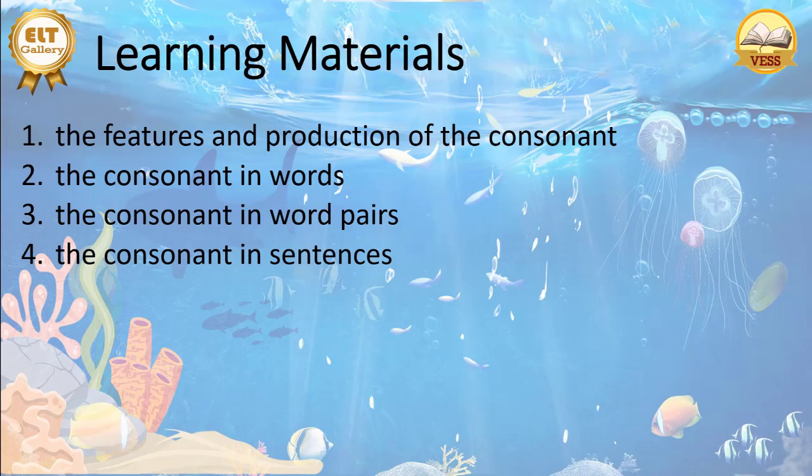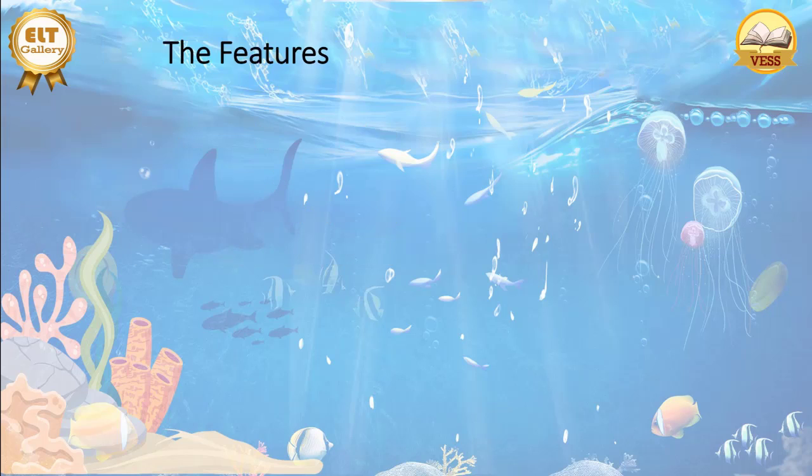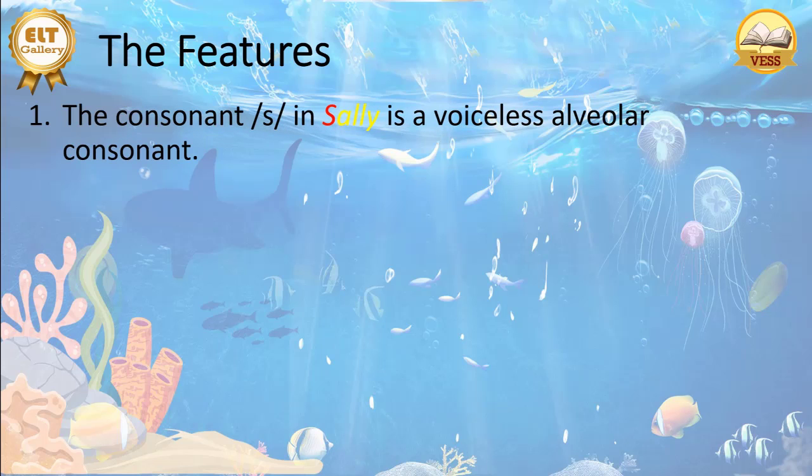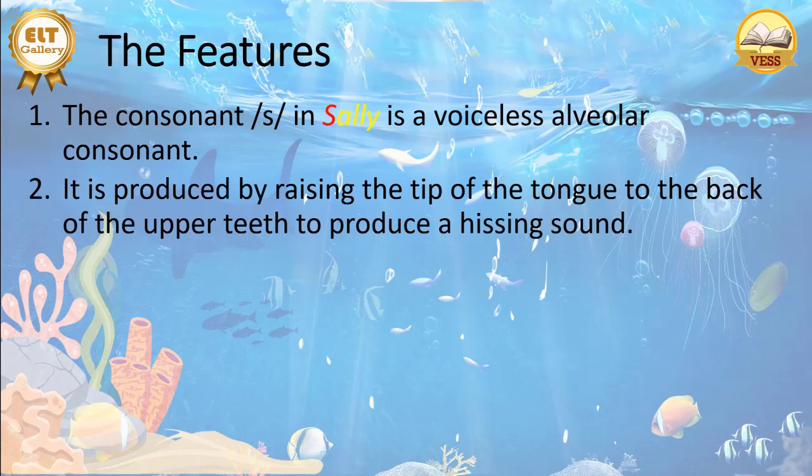Now let's start with the discussion on the production of the consonant. The features. The consonant S is a voiceless alveolar consonant. It's voiceless. And it is produced by raising the tip of the tongue to the back of the upper teeth to produce a hissing sound.